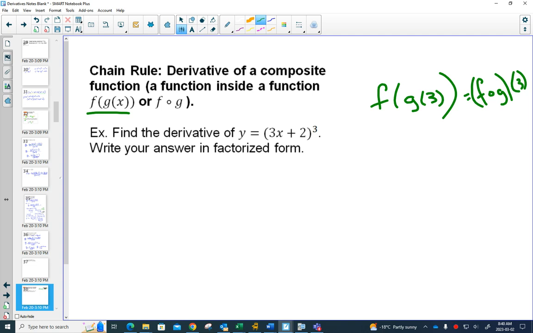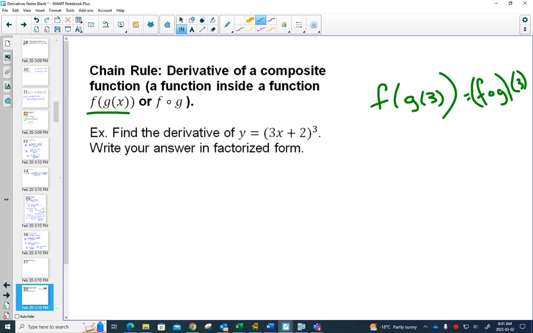And what we have to get really good at is recognition of when something is inside of something else. The first ones with powers, I think, are really easy, because here you have 3x plus 2, and it's inside something getting cubed.